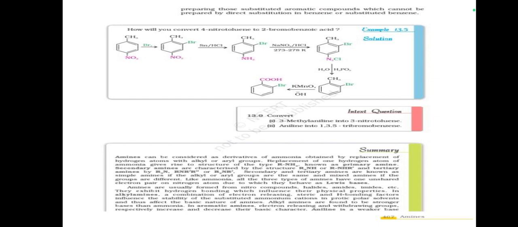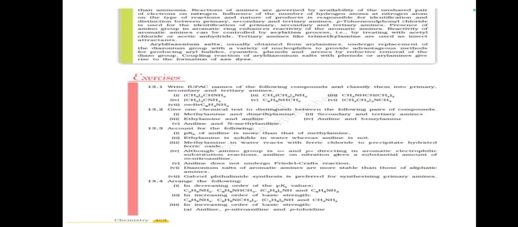Alkyl amines are found to be stronger bases than ammonia, and in aromatic amines, electron releasing and withdrawing groups respectively increase and decrease their basic character. Aniline is a weaker base than ammonia.